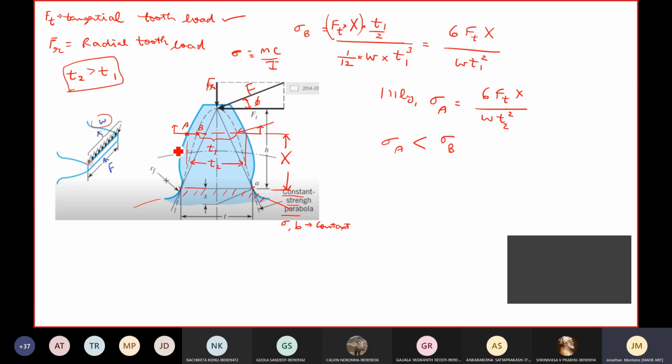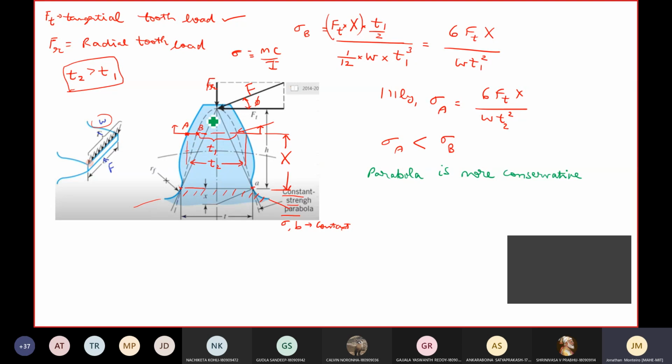So what does that actually mean to us? That means this shape, the parabolic shape, is the most conservative shape. Parabola is more conservative. What do you mean by more conservative?